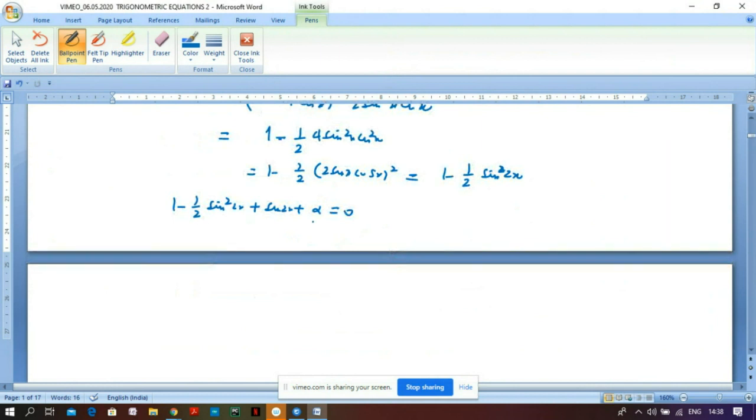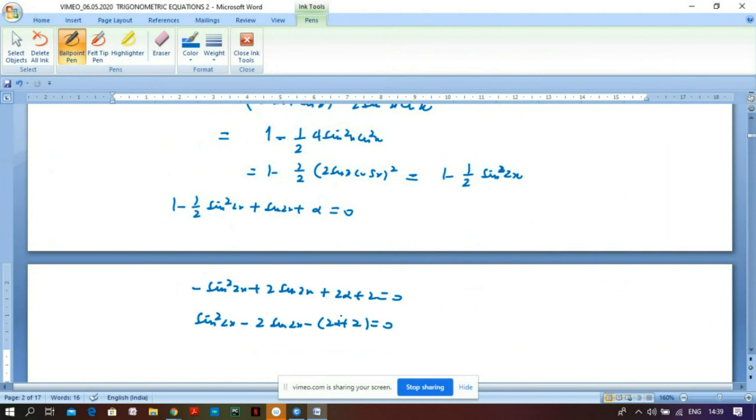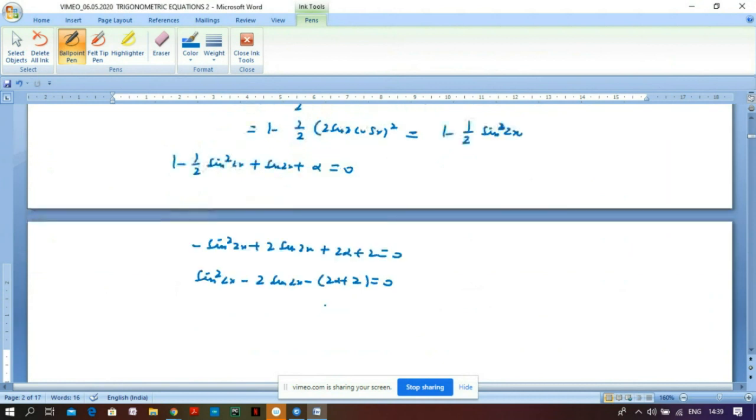I can further rewrite it, a little bit I can change, and I can write this as negative of sine square 2x plus 2 sine 2x in order, plus 2 alpha plus 2 equal to 0. I can once again change the sign. Sine square 2x minus 2 sine 2x minus 2 alpha plus 2 equal to 0. Right now we have just got an equivalent equation.